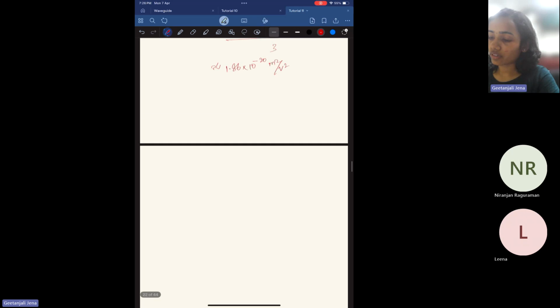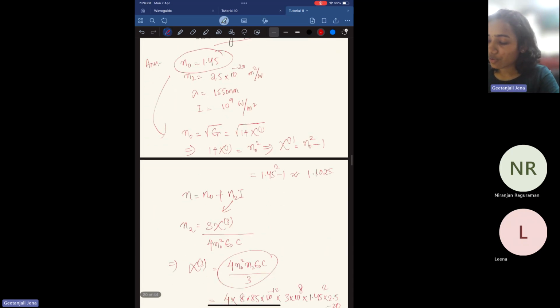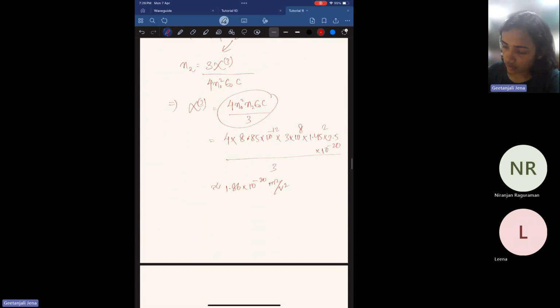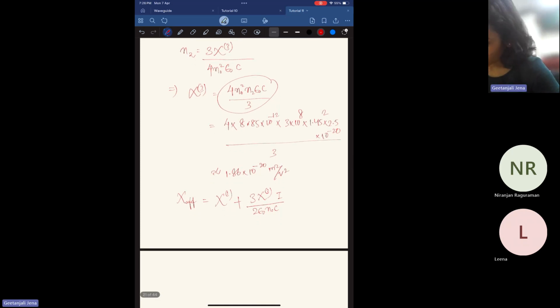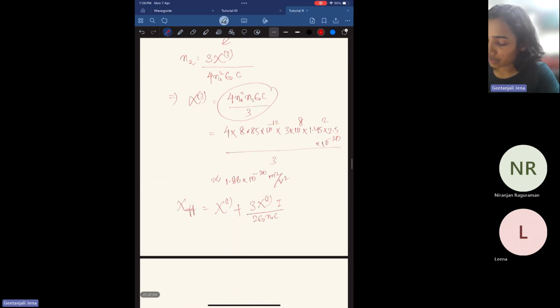This is the chi3. Now for the third part, we need to compute chi effective because of the nonlinearity, which is also straightforward because chi effective is related to the linear susceptibility plus 3 chi3 I by 2 epsilon naught n0 c. Chi1 we have already calculated; chi1 was 1.1025.